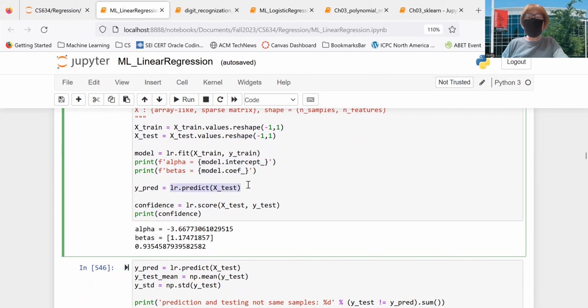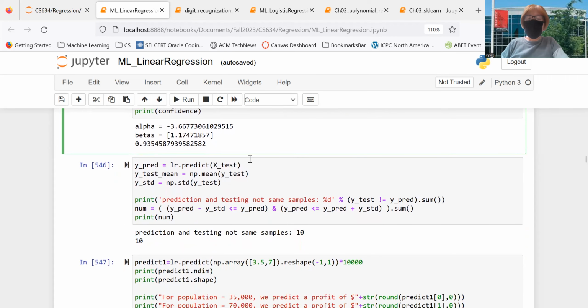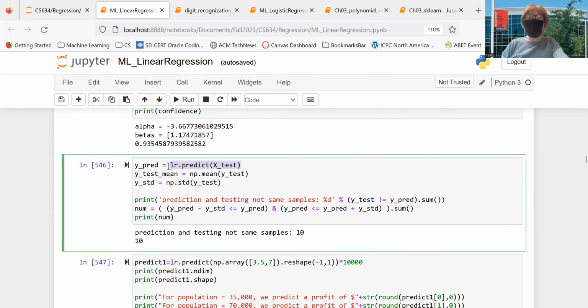After you train, you can predict with testing data, and you can also find the accuracy score. Then you can find the mean and the standard deviation.